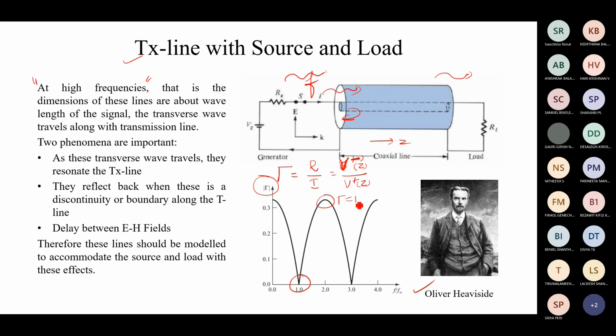A reflection coefficient equal to 1 means no signal is getting inside, whatever the incident wave is simply gets reflected. So this is completely frequency dependent behavior. This is a very important moment in the history of electronics and communication engineering itself, that the transmission line has a frequency dependent behavior.